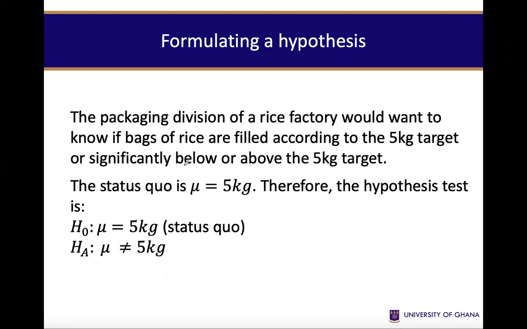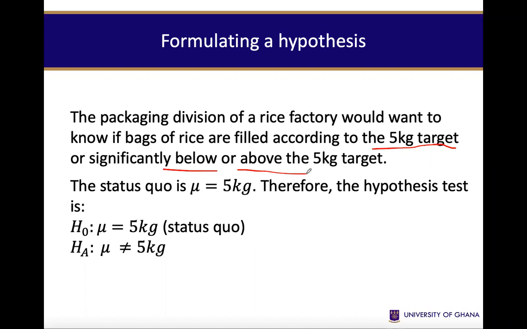What it means is that if I want to test, look at the question here, and Maureen, you would answer me here. If I want to know if the bags of rice are filled according to the 5 kilograms target, that's the status quo, or significantly below or above the 5 kilograms target, then we don't care whether the filling was above or below the 5 kilograms target.